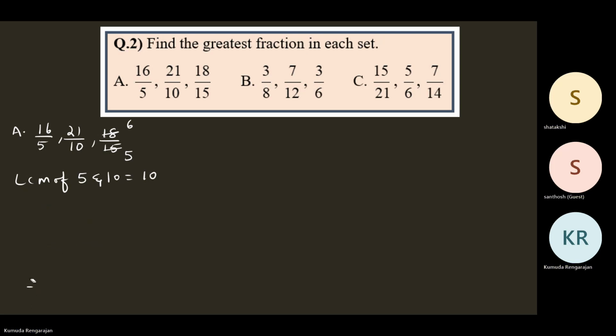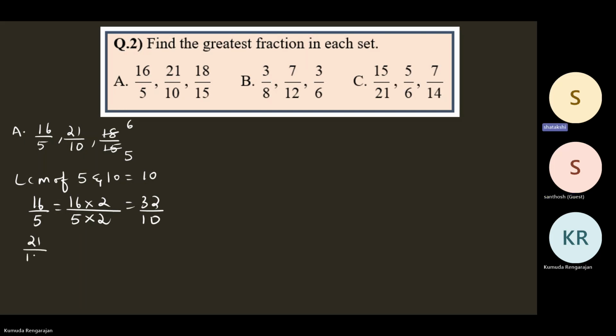So write the first fraction, 16 by 5. Now you need to multiply 5 with what to get denominator 10? 2. So you'll get 32 by 10, correct?